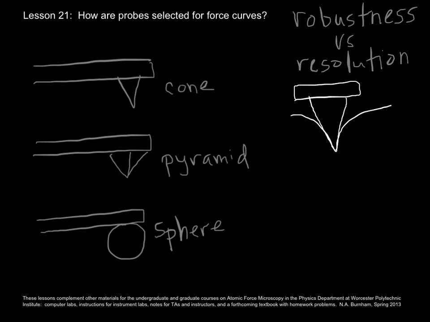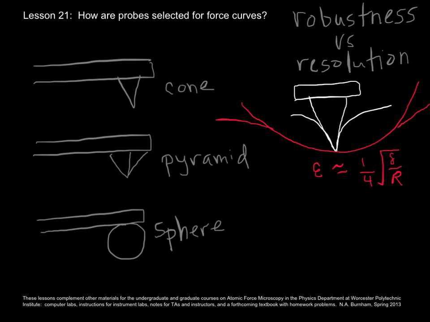So if you do want to indent a certain distance, make sure that you use a tip radius large enough such that the strain is not too big. And the strain is approximately equal to 1/4 the square root of the indentation depth over the tip radius.